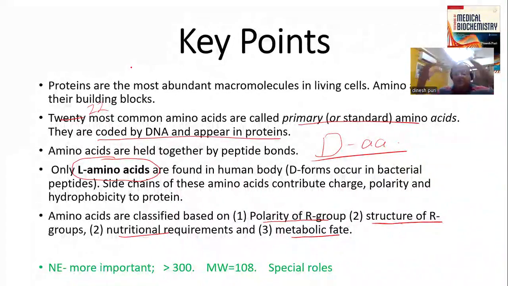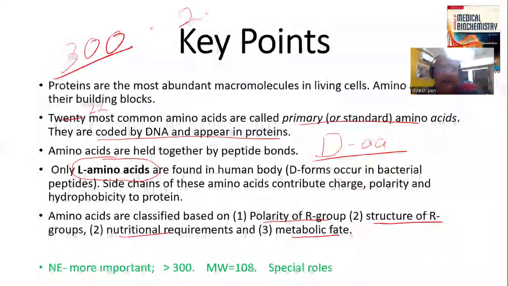It helps formation of cross-links between the polypeptide chains. And I had said that more than 300 amino acids are present in our body, but only 20, or 22, are called standard because they are genetically encoded. Okay? So I think that's all. We'll continue with the structure and function of the R groups. Thank you very much.